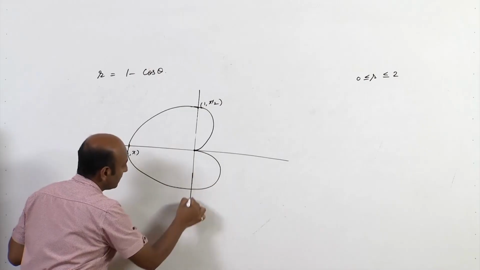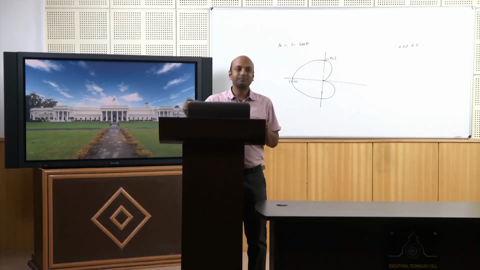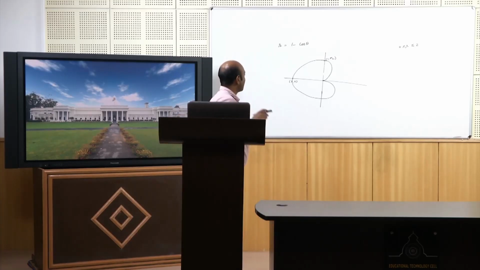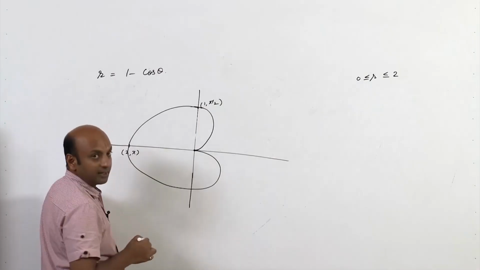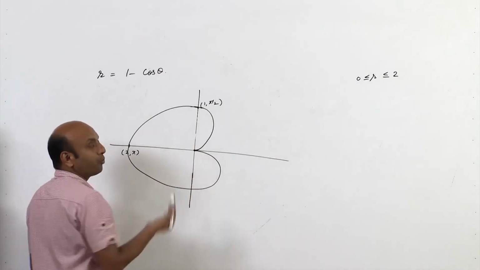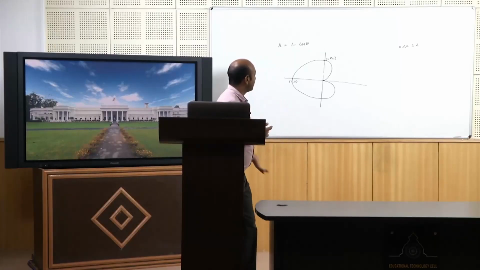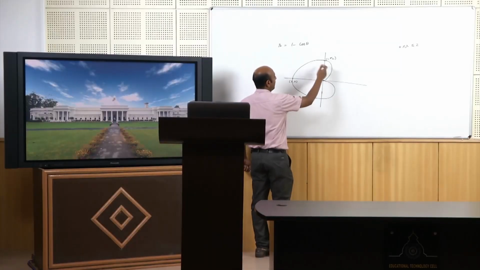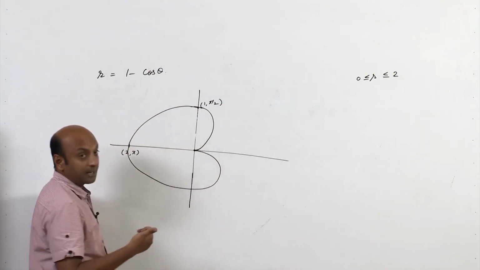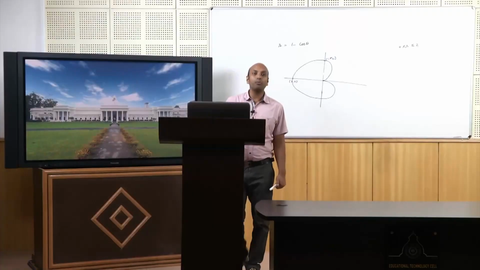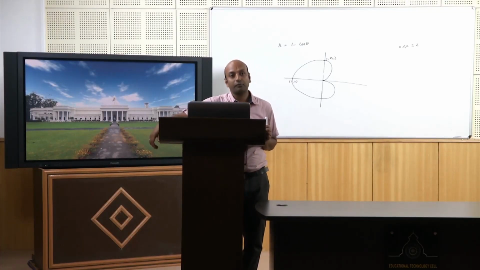So this will be the rough shape of this polar curve. Is it okay? So r minimum is 0 and maximum r is 2 when theta equals pi. We can take some more points, say when theta is pi minus pi by 3 or pi minus pi by 6, find out the values of r, and then we can simply plot the curve.